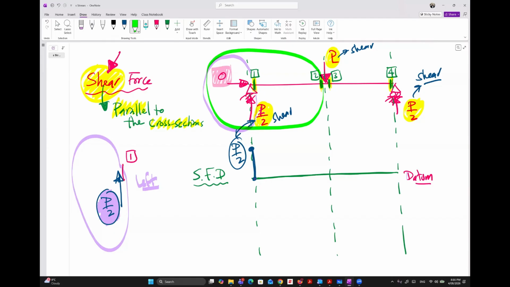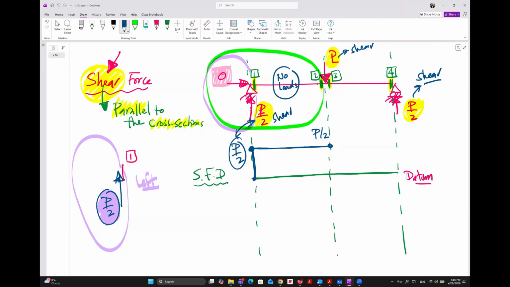No. So this means the shear will stay the same value from 1 to 2. So the idea is I make a cut at 1 and draw the shear at 1. Then from 1 to 2, no loads. If no loads, the shear will stay as a horizontal line, where the value here equals the value here. Does this make sense?